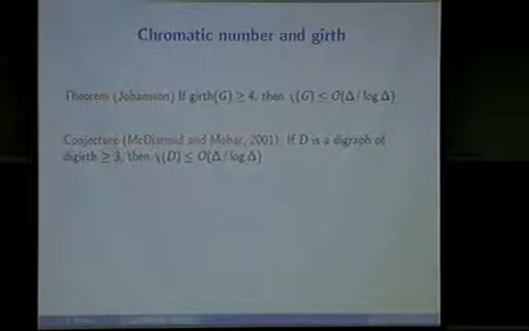Instead of this, we've proved alpha times delta, where alpha is smaller than 1, but it's still far from it. We've tried the usual attack on Kim and Johansson's proof for the girth, but so far we couldn't make it work. That's the ultimate conjecture I'd like to come to, but I don't know how hard it would be.